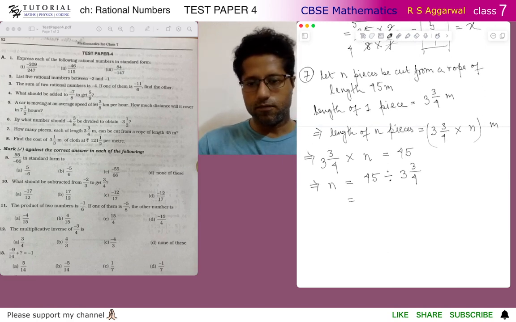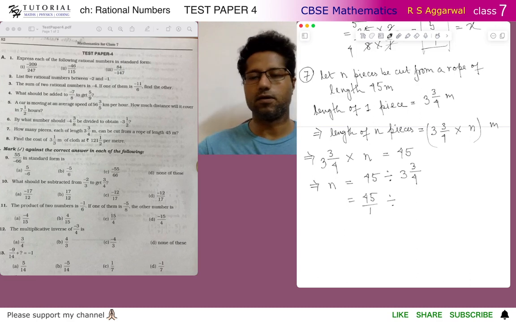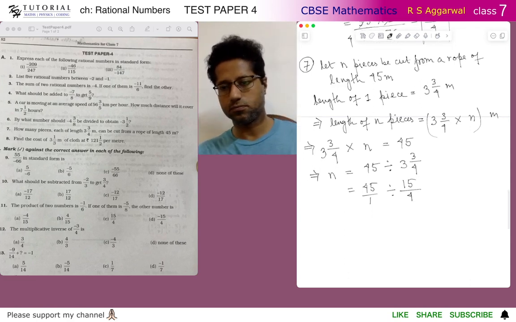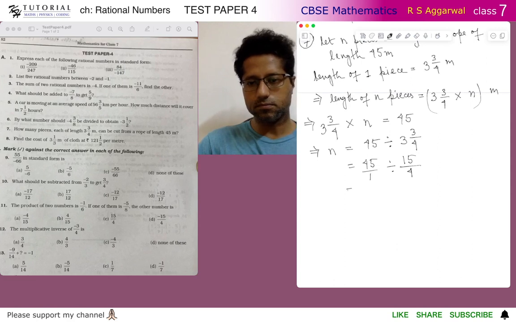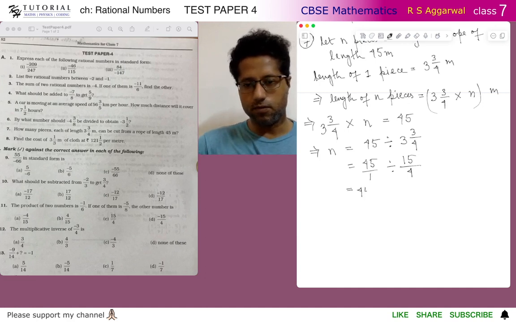Now this is 45 by 1, and the mixed fraction 3 and 3 by 4 can be converted into an improper fraction as 15 by 4. So we have now the division of two rational numbers. We know that division by a rational number is equivalent to multiplication by its reciprocal. So this will be equal to 45 by 1 multiplied by the reciprocal of 15 by 4, which is 4 by 15.